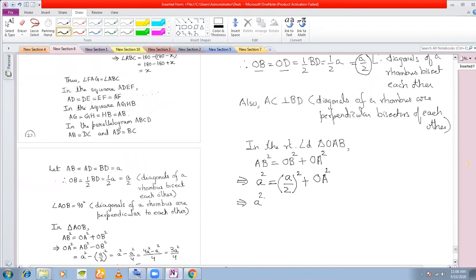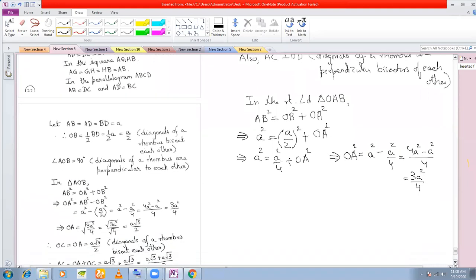Let me just write this as A square is equal to A square by 4 plus OA square. Okay, because A by 2 whole square is A square by 4. That means OA square is A square minus A square by 4. You take the LCM, you get 4A square minus A square by 4, which is 3A square by 4. So OA square we are getting as 3A square by 4.